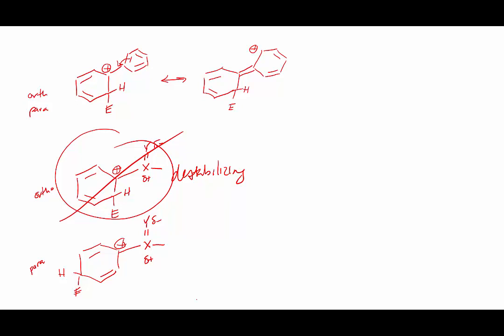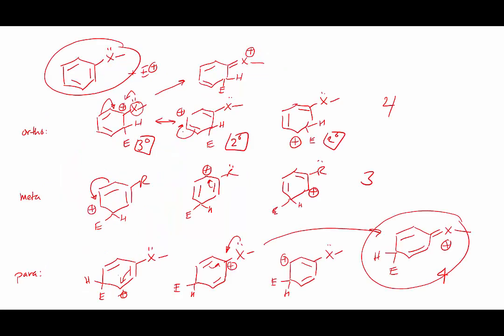What did the deactivating group do to the meta addition? What would the deactivating group do? Did nothing. Why? Because the carbocation is never next to the group. So all 3 of those resonance structures are legit. But when the plus charge gets next to a deactivating group, that resonance structure isn't stable. So now I've got 2 resonance structures for ortho, 2 for para, and 3 for meta. What's the more stable intermediate? Meta.